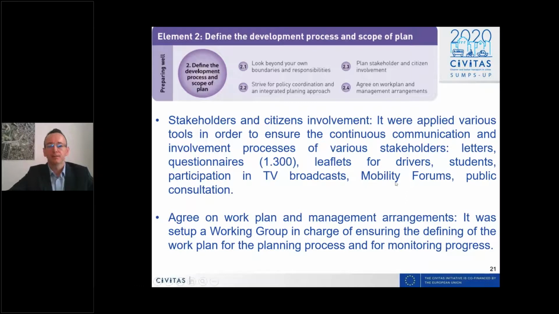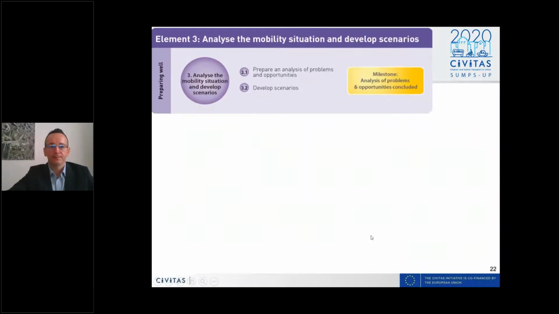We organized various mobility forums and also public consultations. Regarding the agreement on the work plan and management arrangements, the working group that I previously indicated was set up, in charge of defining the work plan for the planning process and for monitoring progress.